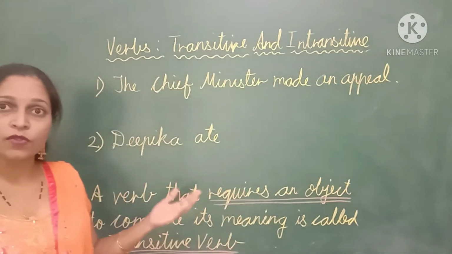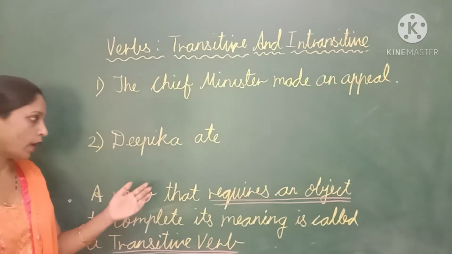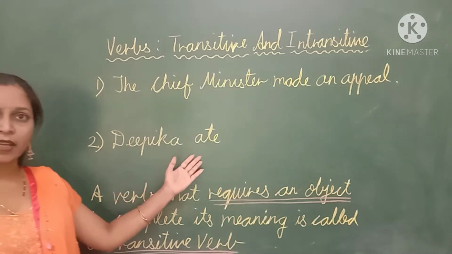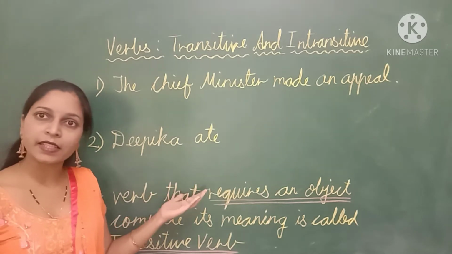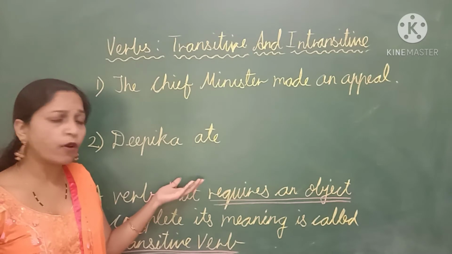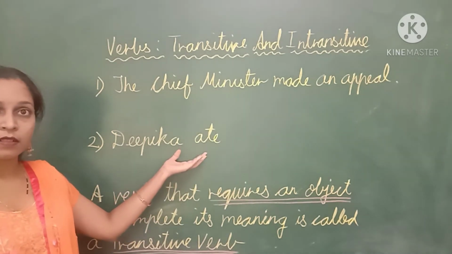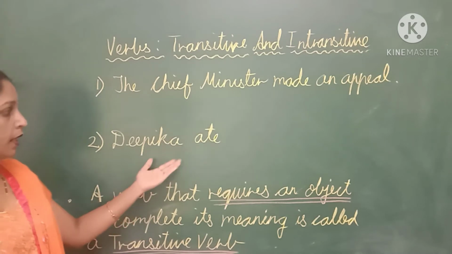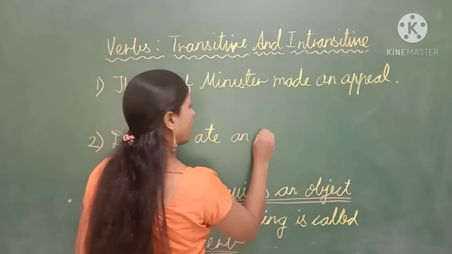Yes, it sounds like a complete sentence, isn't it? Let's see the second one. Deepika ate. Deepika ate what? Did she eat an ice cream? Or mango? What did she eat? We do not know. The sentence is incomplete. Deepika ate. We need to complete it. Let's say Deepika ate an apple.